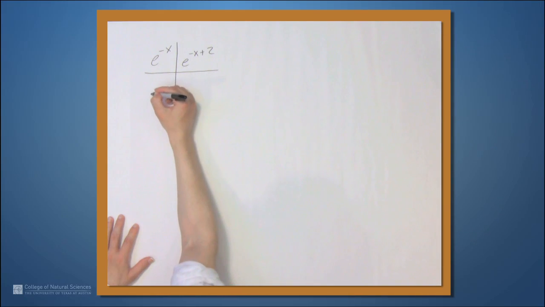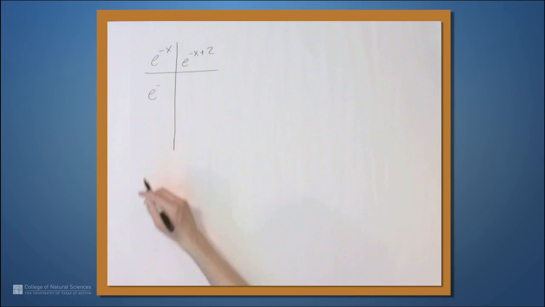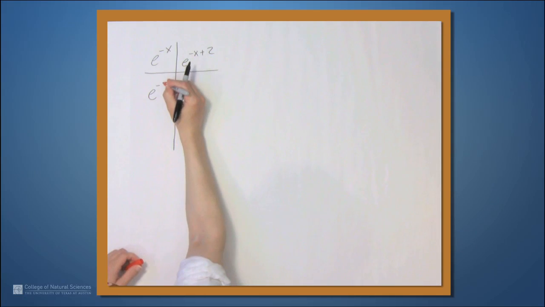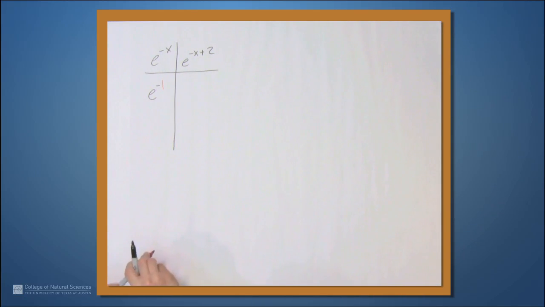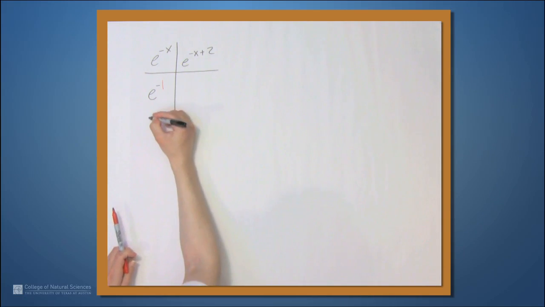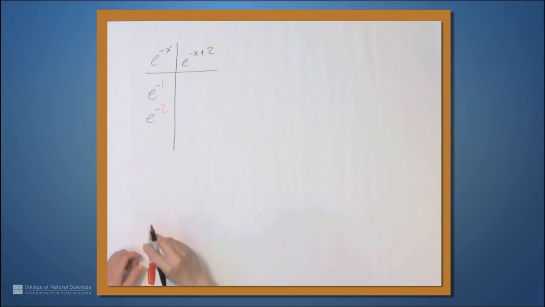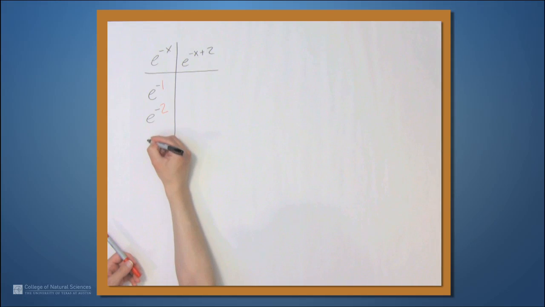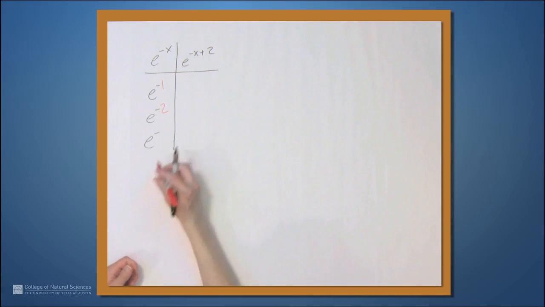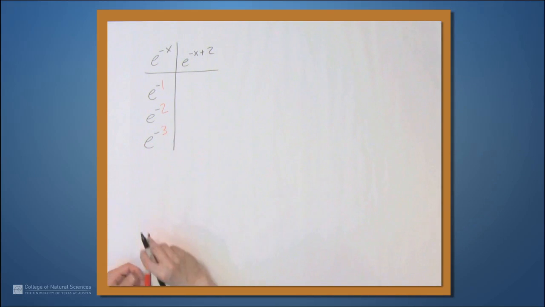So in the left-hand column, we're going to get e to the negative 1. Right? The x values I'll put in red. Then we get e to the negative 2 when we plug in x equals 2. And finally, e to the negative 3 when we plug in x equals 3.